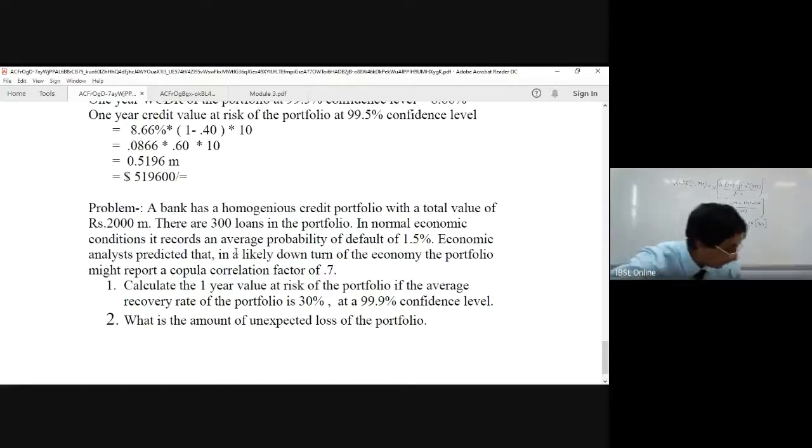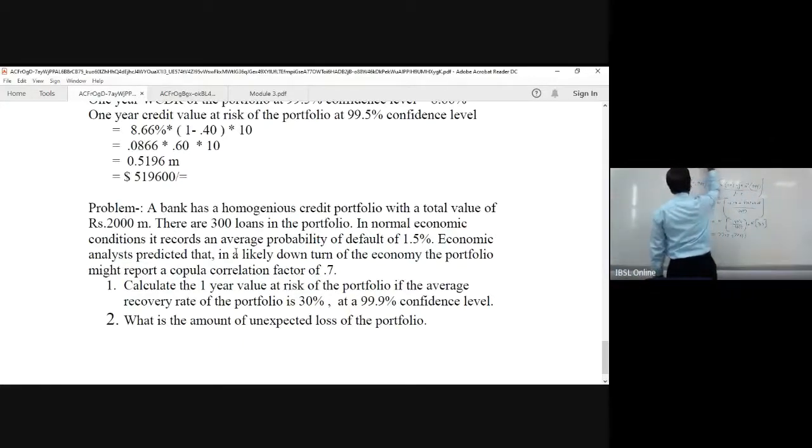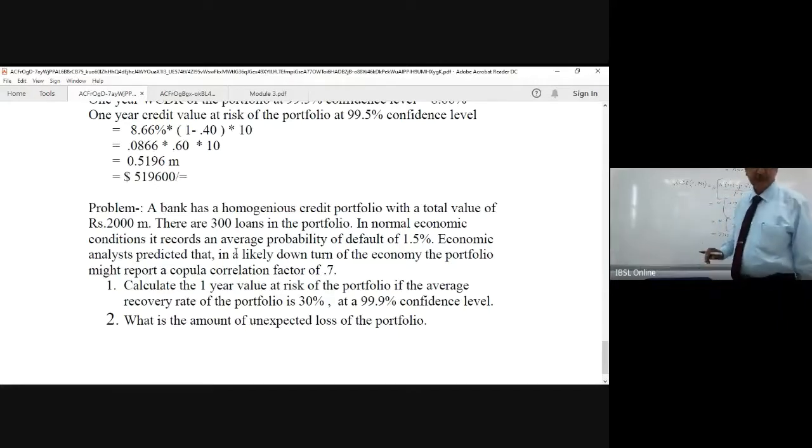So we can say the credit value at risk is 0.7713 into, it says that the recovery rate is 30%, so loss given default would be 0.7, into 2000.